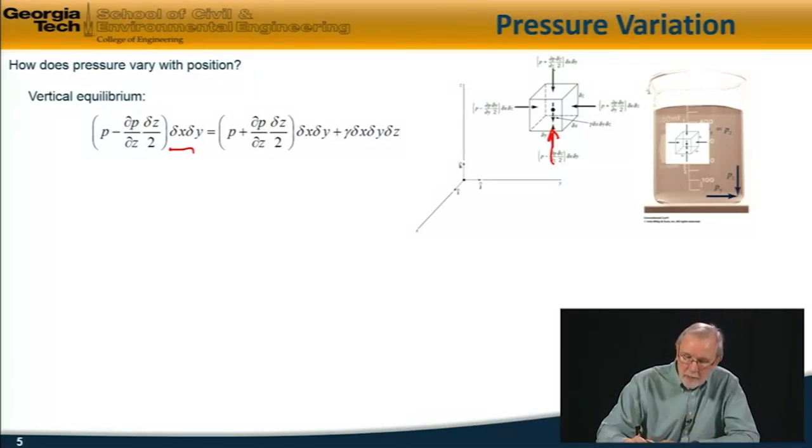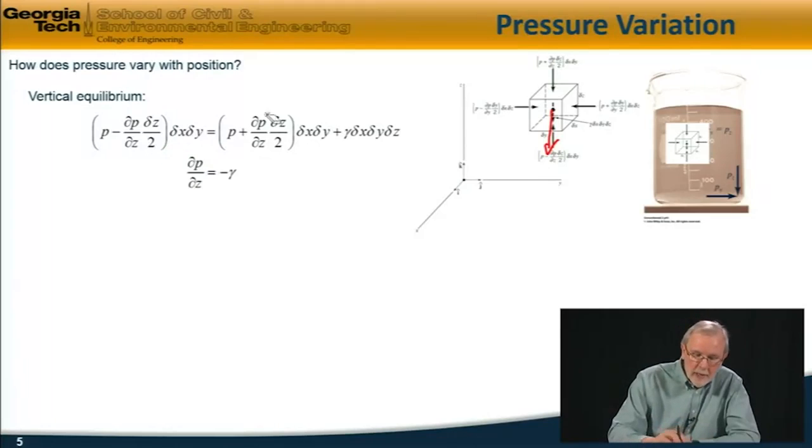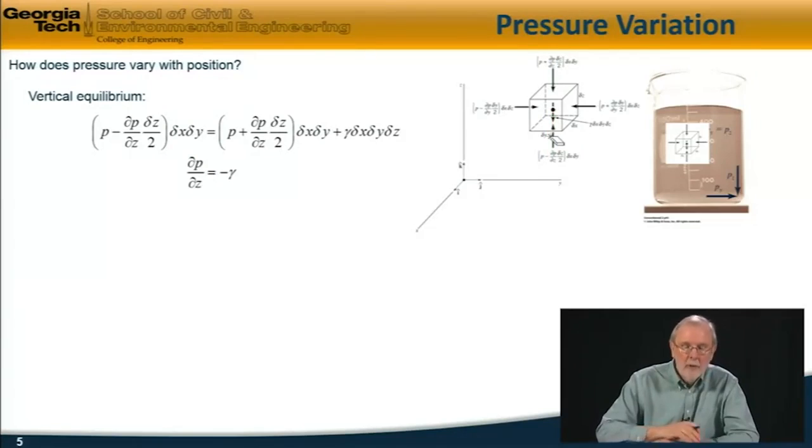This is balanced by the pressure force pushing down, P plus dP by dz times delta z over 2. In addition, we have the weight of the fluid element, which is gamma, the specific weight, multiplied by the volume, delta x delta y delta z. Simplifying this, we end up with the simple equation that dP by dz, the pressure gradient in the vertical direction, is minus gamma, where gamma is the specific weight of the fluid.